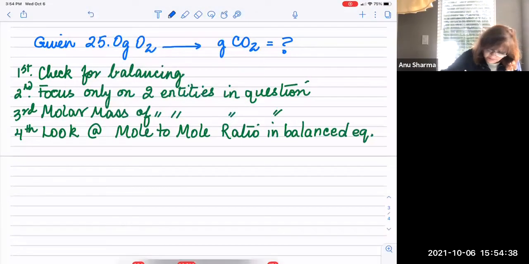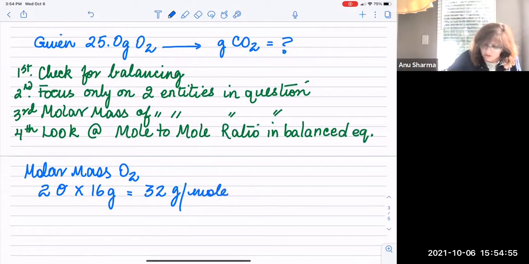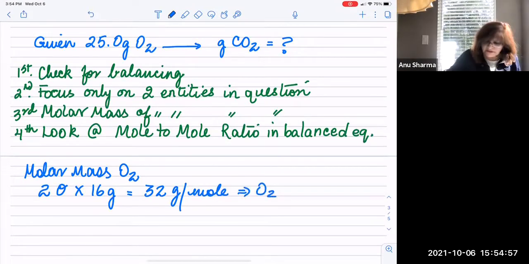We are going to take the molar mass of oxygen. There are 2 oxygens, each weighing 16 grams, so we get 32 grams per mole. That's the molar mass of oxygen.